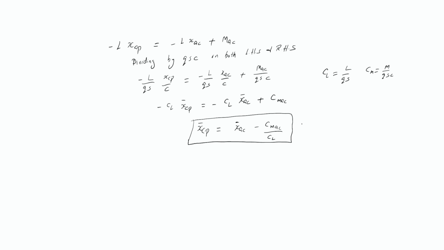Now if you focus on this equation carefully, what we note here is that CL is at the denominator. And remember, in the CL versus alpha curve, as the angle of attack increases, CL also increases. So at higher angle of attack, CL increases due to the linear relationship. Hence, the CMAC upon CL quantity decreases.